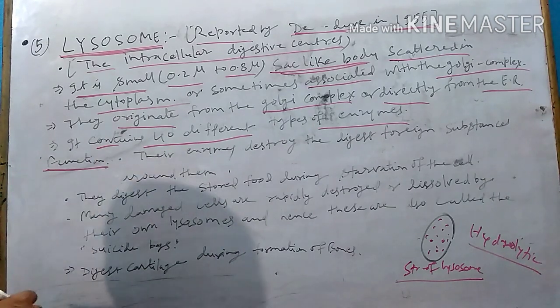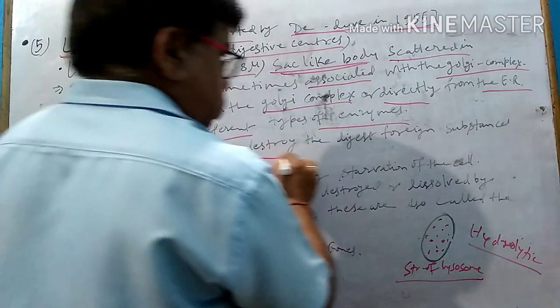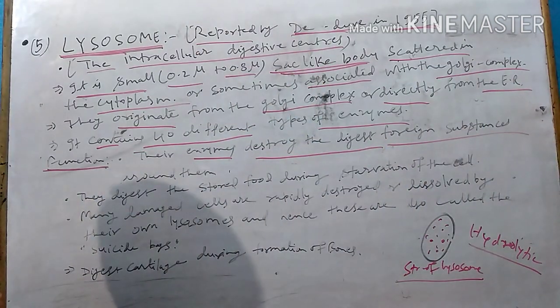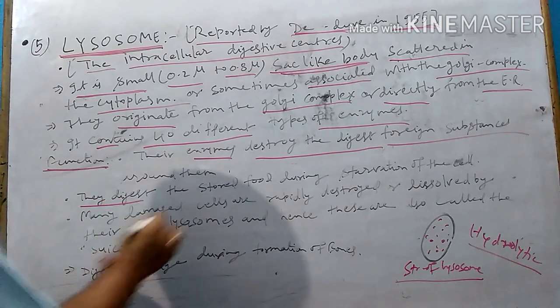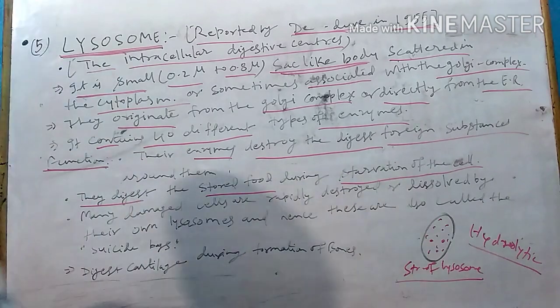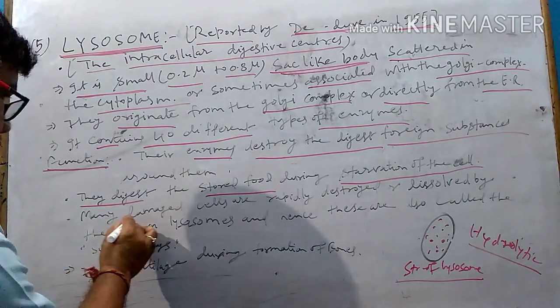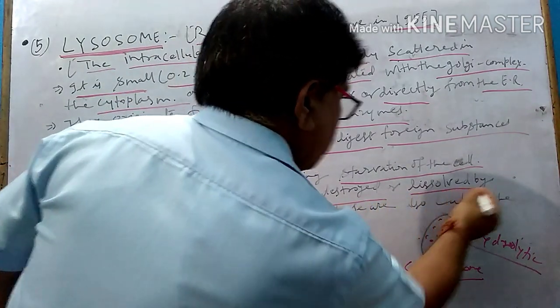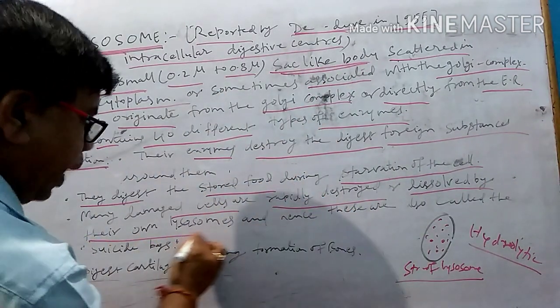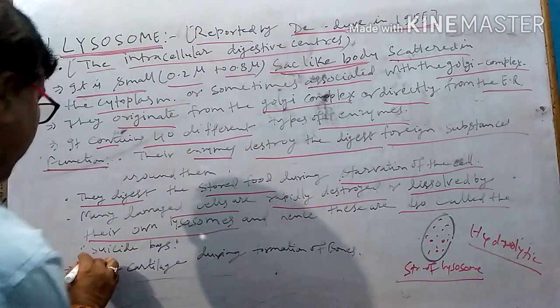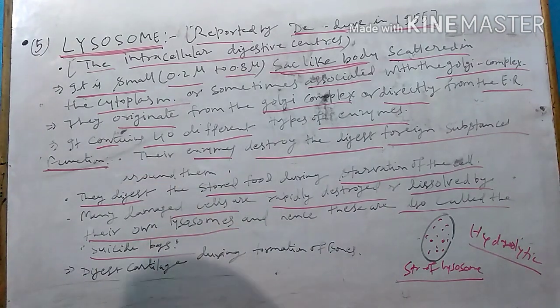Its main function: these enzymes destroy and digest foreign substances. They digest the stored food during starvation of the cell. And third function, many damaged cells are rapidly destroyed or dissolved by their own lysosomes, and hence these are called suicide bags.